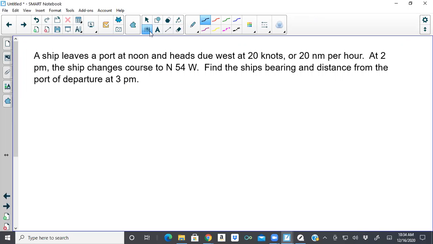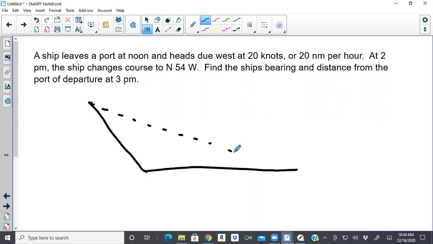Now, the picture that it gives us looks something like this. But anyway, it gives you something like this. You kind of get the idea.